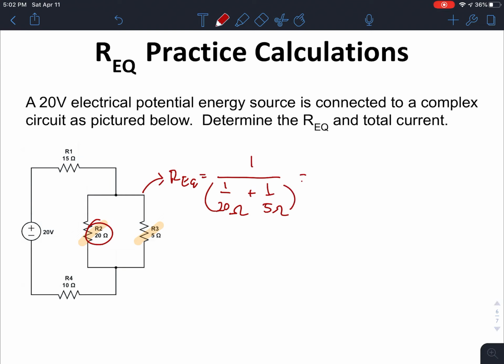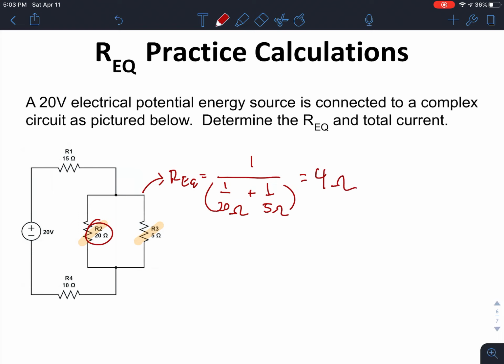So we grab our calculator, and I go 1 divided by, open parentheses, 1 divided by 20 plus 1 divided by 5, close my parentheses, and I get 4 ohms.